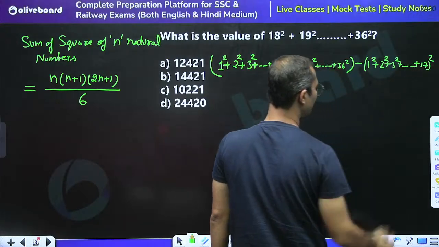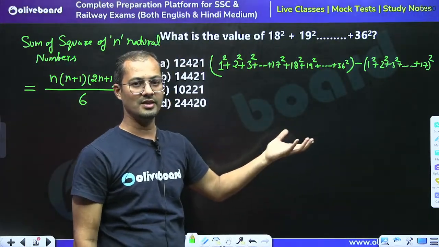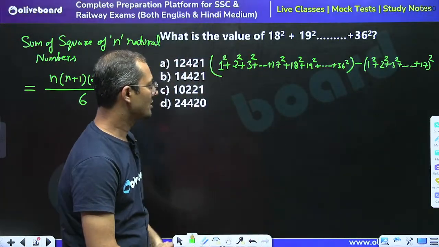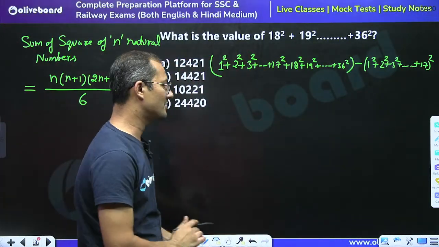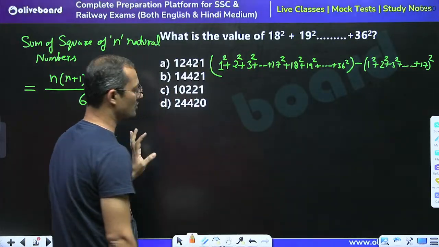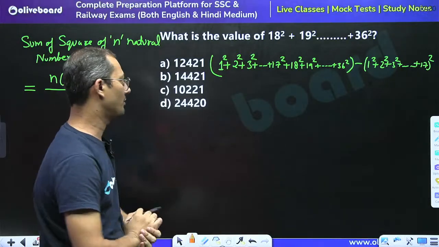So we added starting from 1 square till 17 square and subtracted the sum of 1 square plus 2 square. With this we can ease our method, so directly we can apply the formula. If we don't know the formula, we are not able to do this, right? So anyhow we have to mug up this formula.